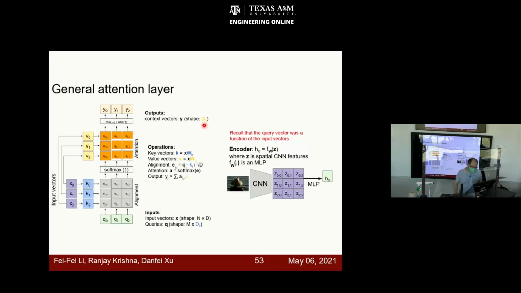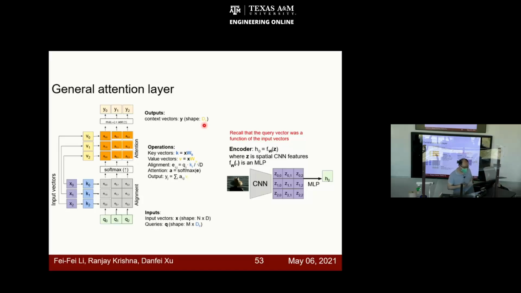Okay, so what is our query? In our previous example, the query vectors are h sub t. For instance, at the first time point, it's h sub 0. Because we were attending on the feature vector, we were trying to find the alignment between the hidden state in the decoder and the feature matrix from the encoder.